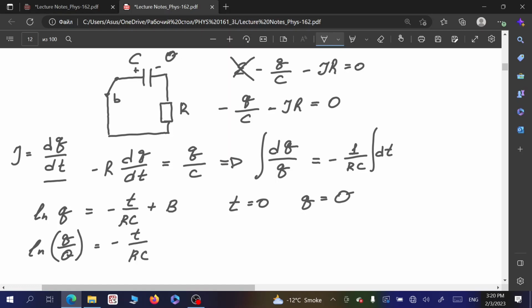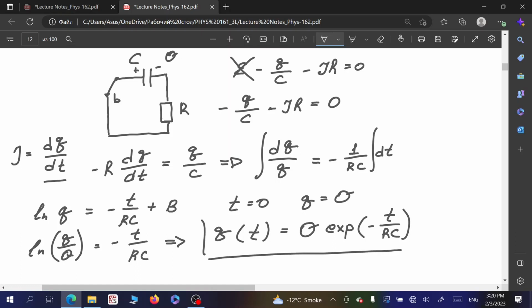So we get rid of this natural logarithm. It will be q as a function of time equal to the maximum electric charge accumulated times exponent minus t over RC.